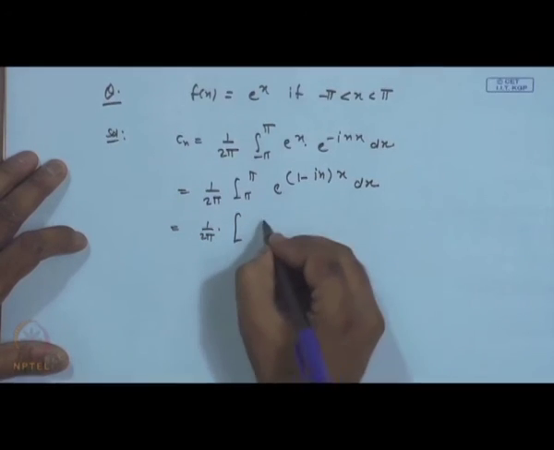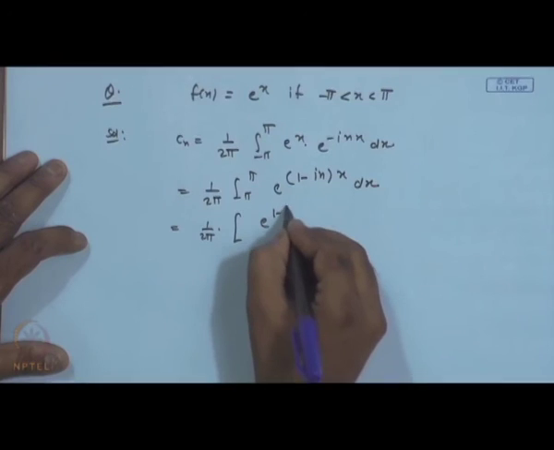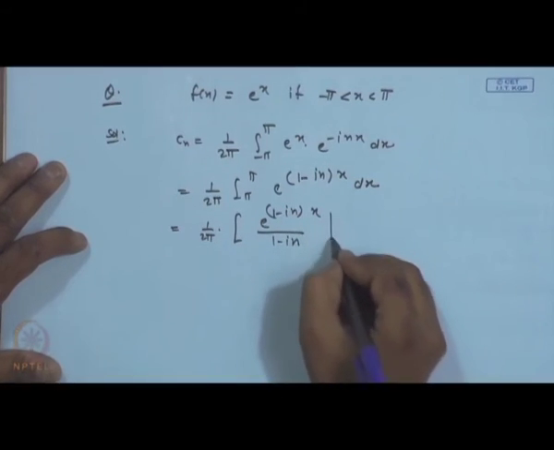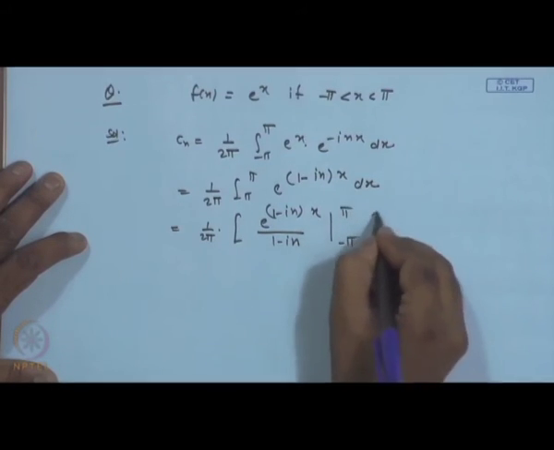So, we have e^((1 - in)x) over (1 - in), with the limits minus pi to pi.